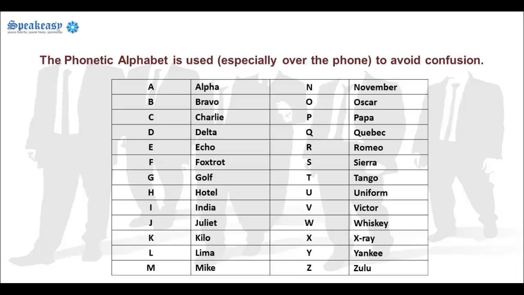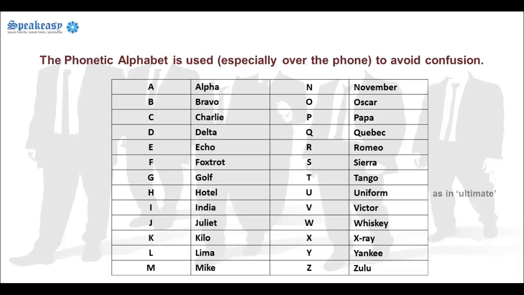I for India, J for Juliet, K for Kilo, L for Lima, M for Mike, N for November, O for Oscar, P for Papa, Q for Quebec, R for Romeo, S for Sierra, T for Tango, U for Uniform. The letter U can also be pronounced as an sound, as in ultimate.